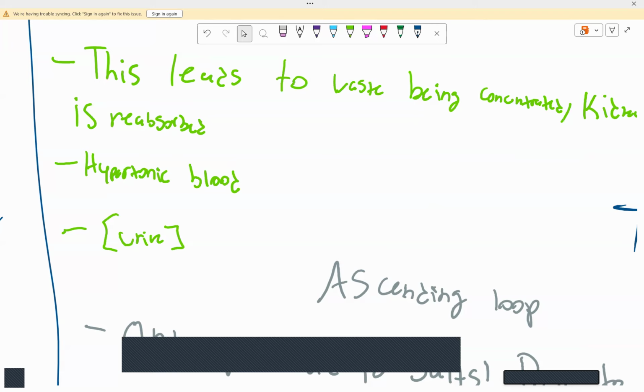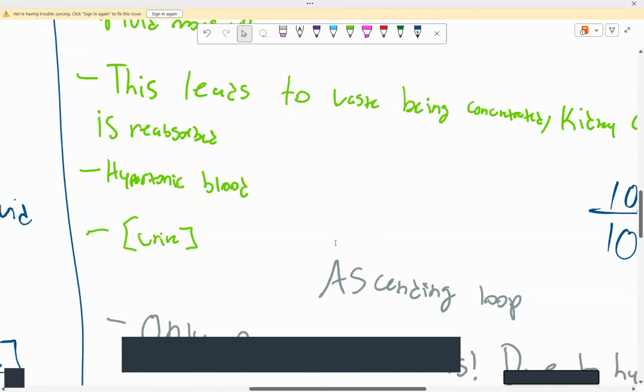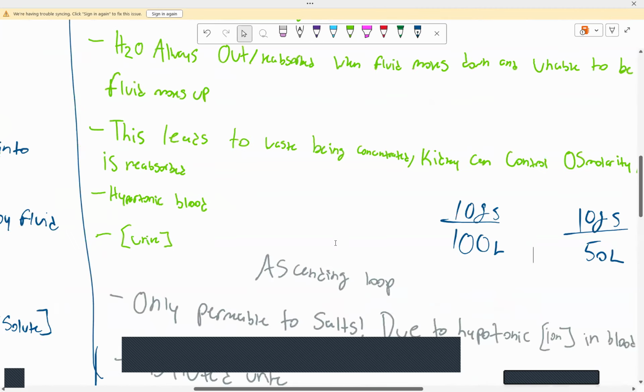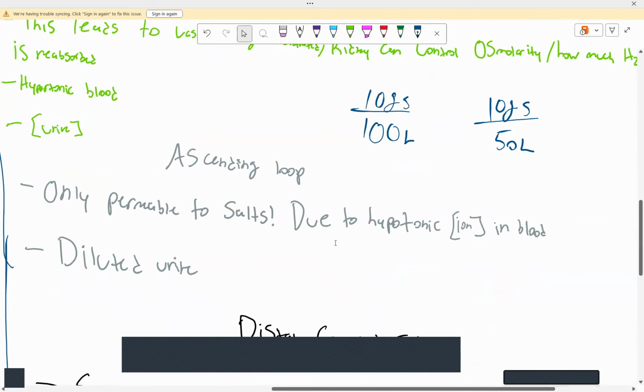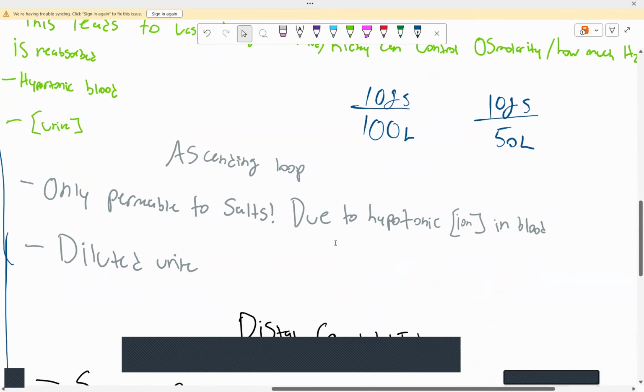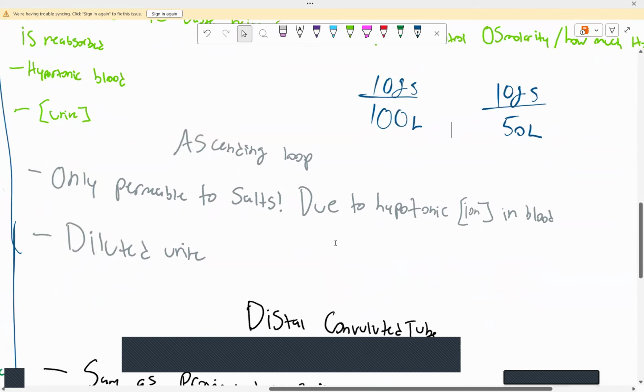Because your body is always trying to maintain equilibrium, your water will flow out of the nephron to get reabsorbed into the interstitium space because it wants to maintain equilibrium. When in doubt, equilibrium it out. That's always going to be the answer.